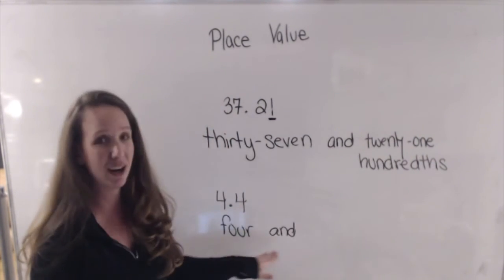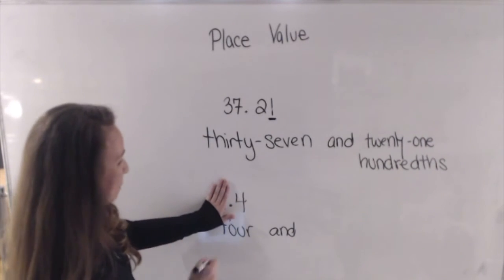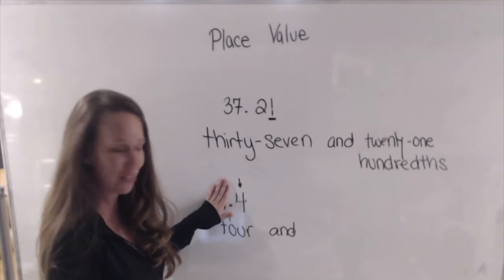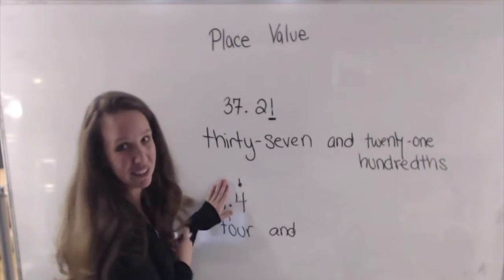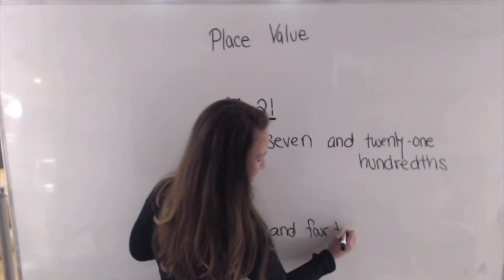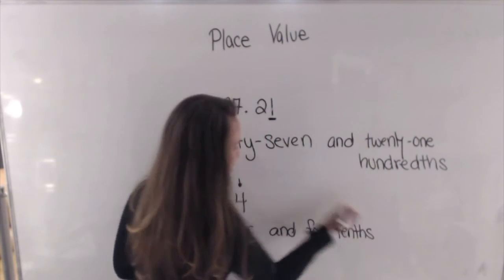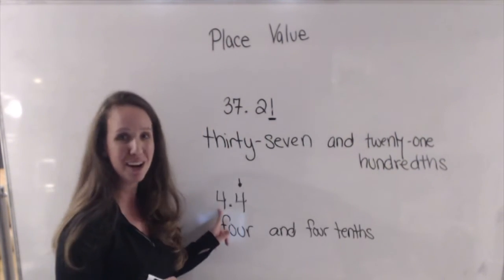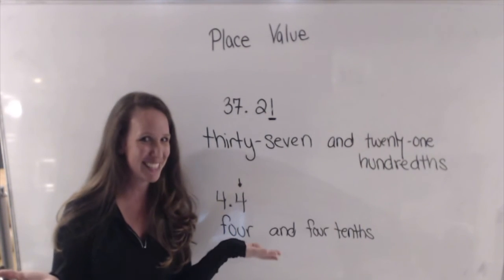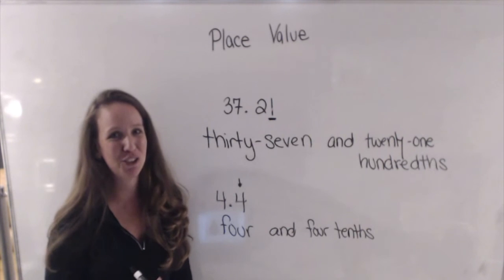So it's 4 and. Now, what place value was the last one we went to? Tenths. And how do we read that? 4. So it's 4 tenths. So we read this as 4 and 4 tenths. That's it. Let me know if you need help.